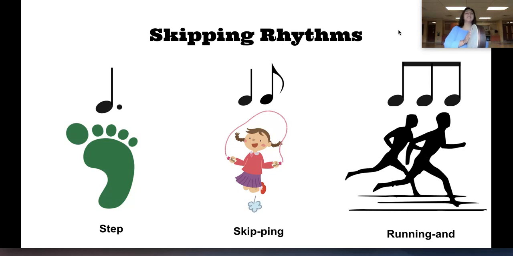So instead of using it in our feet and our bodies, we're now going to use it in our hands. So if you need to pause the video and go get an instrument, go do that now. Or even some pots and pans from your kitchen, but ask your families first. Okay, so instead of doing step with our feet, we're now going to do step with our instrument. And instead of doing skipping with our feet, we're going to go skipping. And of course, we're going to do running and. All right, be my echo. I'm going to combine them together. Step, step, skipping, step.